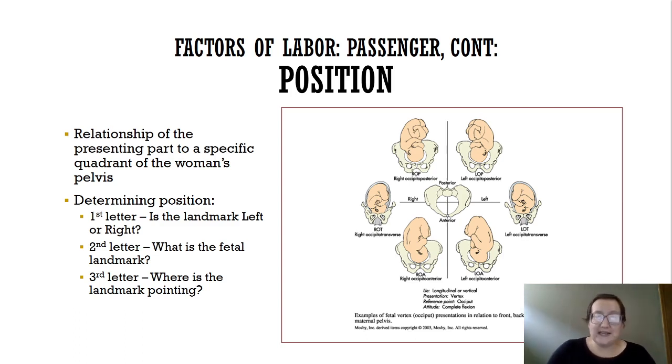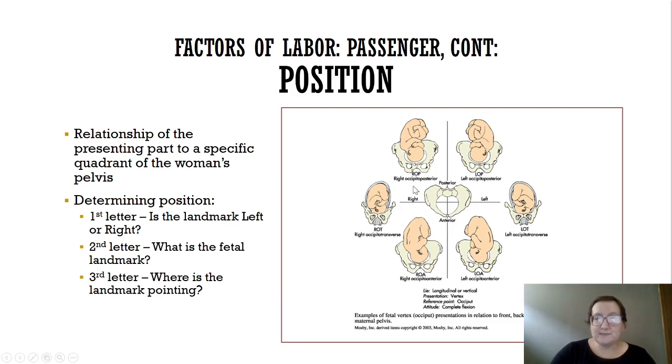So in this case, if you take a time to go ahead and look at this, we're going to be looking at a baby that comes out LOA, ROA. LOA or ROA, that's going to be the way that you want your baby to come out if you're, again, having a vaginal delivery, because this is the widest part of your pelvis that baby is going to go into.